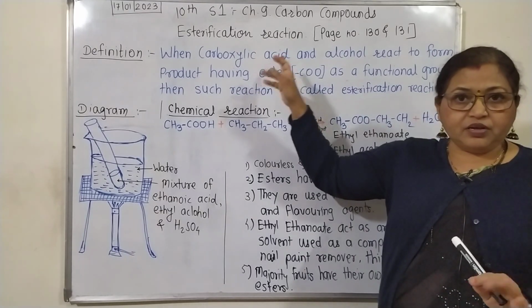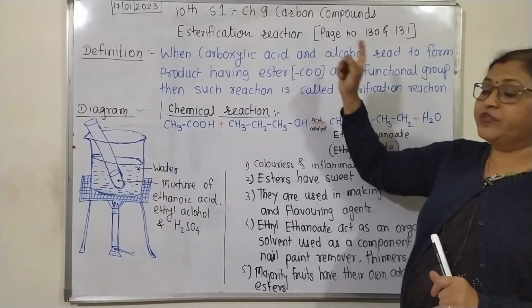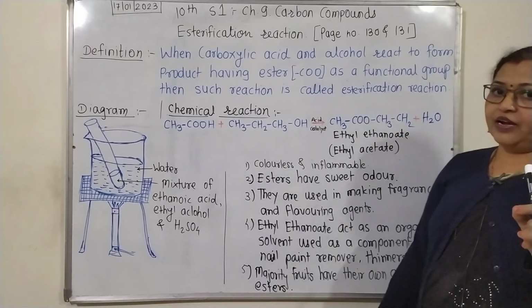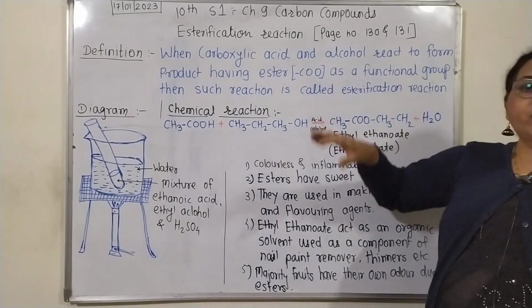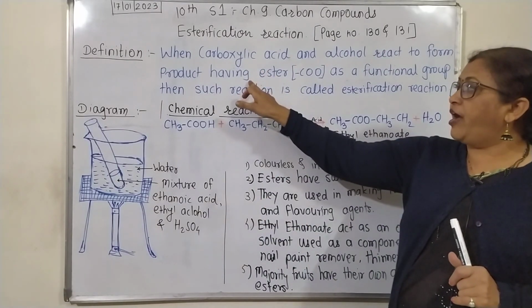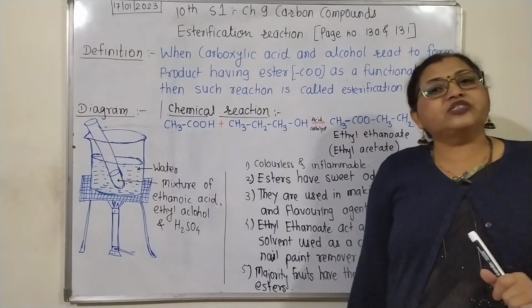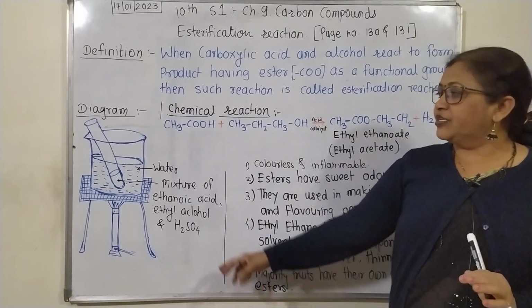Already I have written the definition of this reaction, that is when carboxylic acid and alcohol reacts to form the product which have ester as a functional group. Such reaction is called esterification reaction.